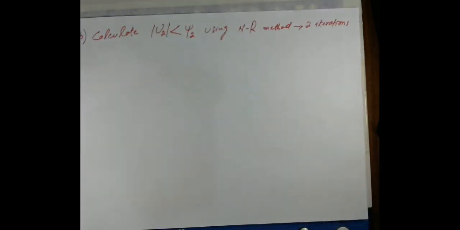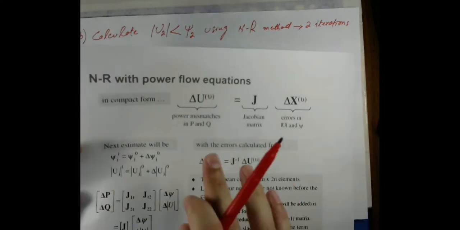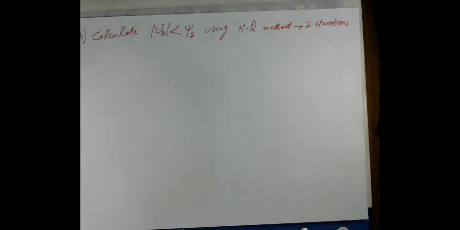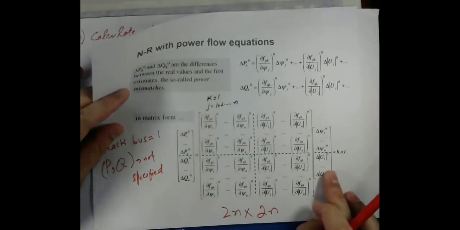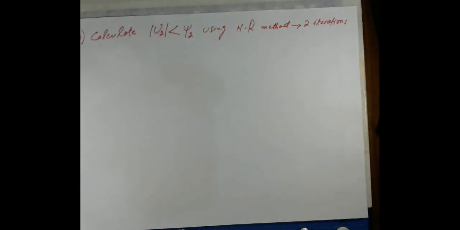So now let me write the compact form of the Jacobian method. If you remember, on this side we have the power mismatch, this is the Jacobian matrix, and that is the error.